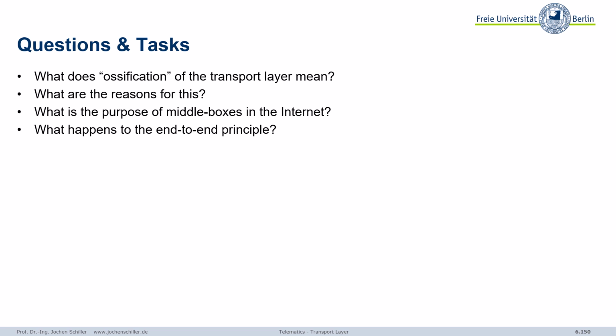Well, there are reasons for having them, like firewalls, load balancers, NAT boxes, etc. And in the end, you can think of what really happened to our end-to-end principle. That's basically in the genes of our transport layer protocols. That's at the heart of the transport layer protocols, that they are end-to-end, but in reality, they are not anymore.